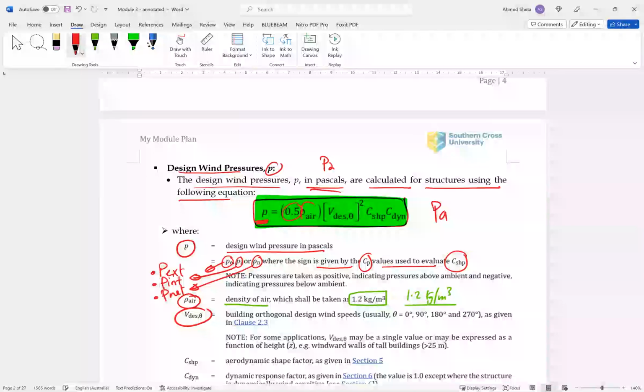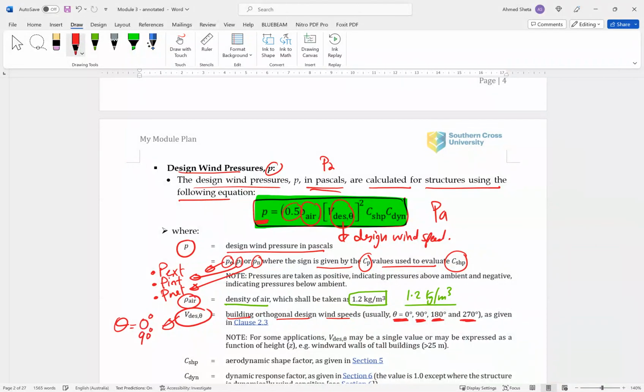The next parameter we have is V design theta. So this is half rho air V design theta squared. V design theta we get as the design wind speed before, which is the building orthogonal design wind speed, usually 0 degree, 90 degree, 180 degree, and 270 degree. So you have to calculate the design wind speed for 4 directions, 0, 90, 180, and 270, and this all depends on V site beta.